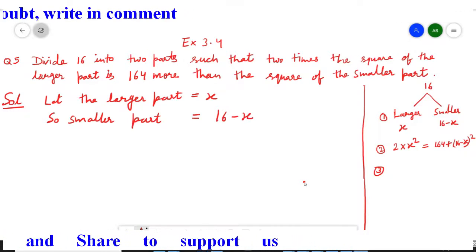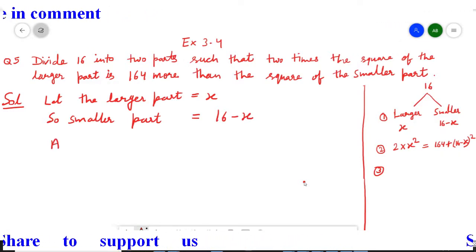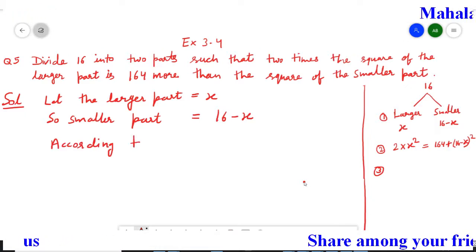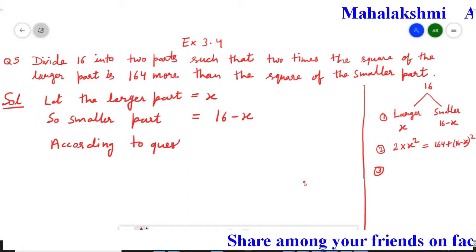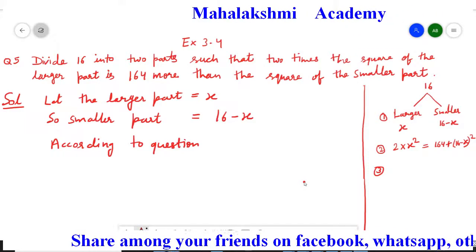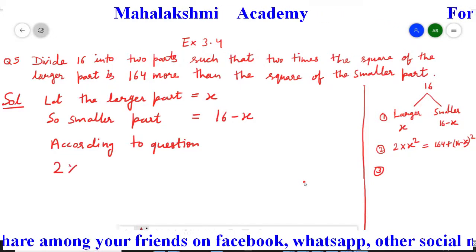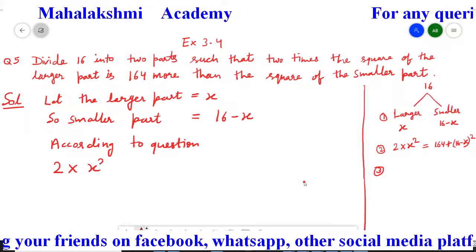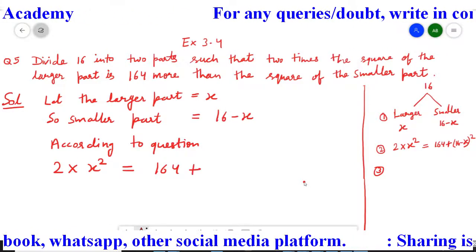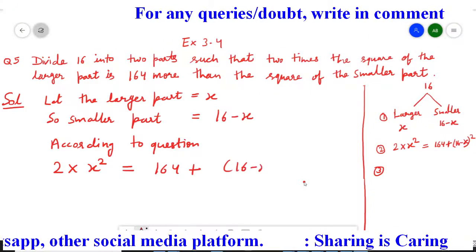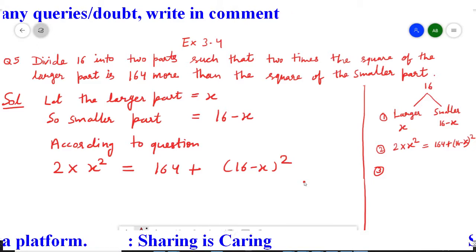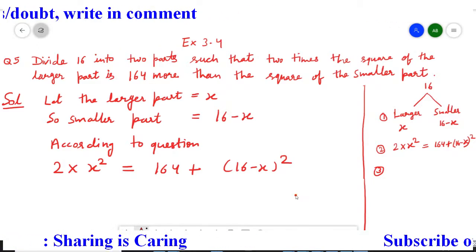Then we'll write down, according to the question, 2 times the square of larger part is 164 more than the square of smaller part. Now we solve this. So after solving it we have to get like this.